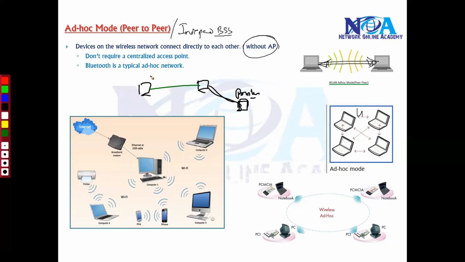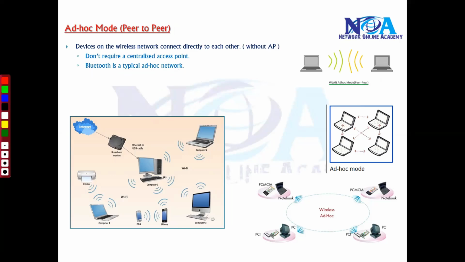Or if you are moving to a different place and you're trying to share some files with your friend or colleague, and you want some kind of immediate or urgent sharing of the files, in those scenarios also you can do this.